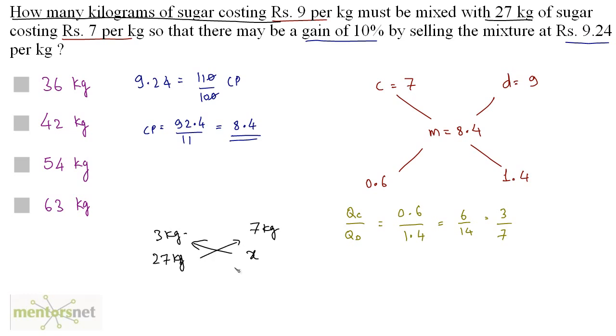Let's cross multiply and equate. X is equal to 27 times 7 by 3. 3 9s are 27 and 7 9s are 63. So 63 kgs should be the kilograms of sugar costing 9 rupees per kg mixed with 27 kgs of sugar costing 7 rupees per kg. So option D is the correct answer.